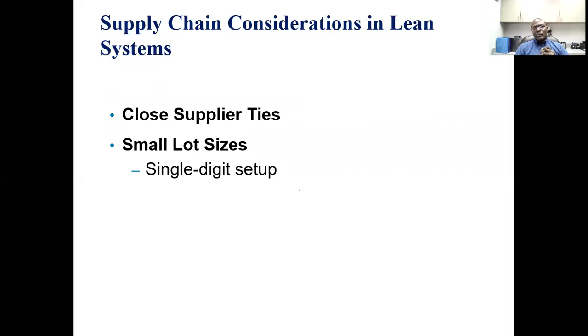Okay, and this is important because in situations where suppliers might have shortages or they anticipate shortages, having that kind of close supplier ties will enable them to have information shared such that the business can then plan for situations where the suppliers may not have product available for them.